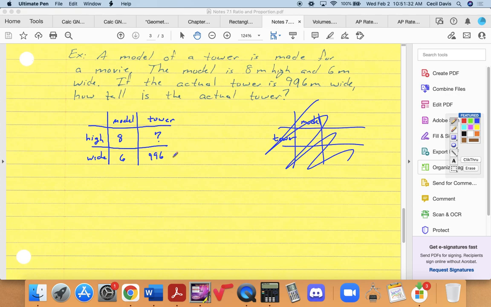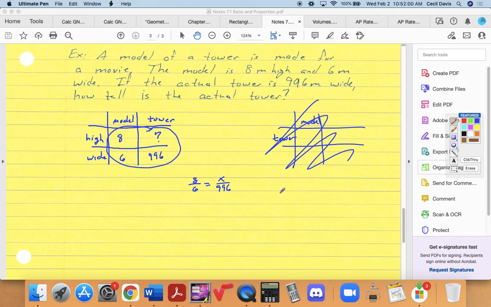There are lots of other ways you could have done this chart, but no matter how you do it, all you have to do is write down exactly what you have here and you have the right proportion. 8 is to 6, as we'll call it x, is to 996. It will write itself literally if you put it into a chart like this. That's the answer?